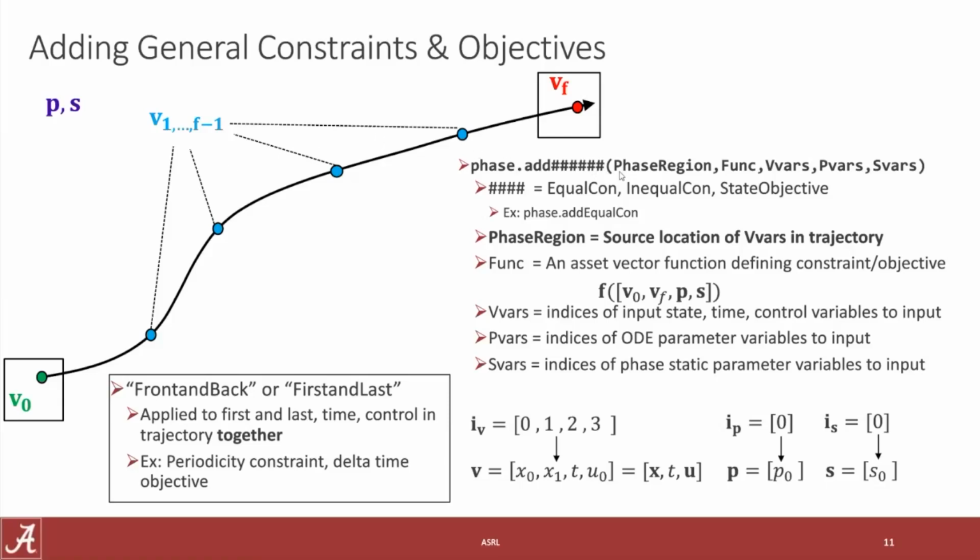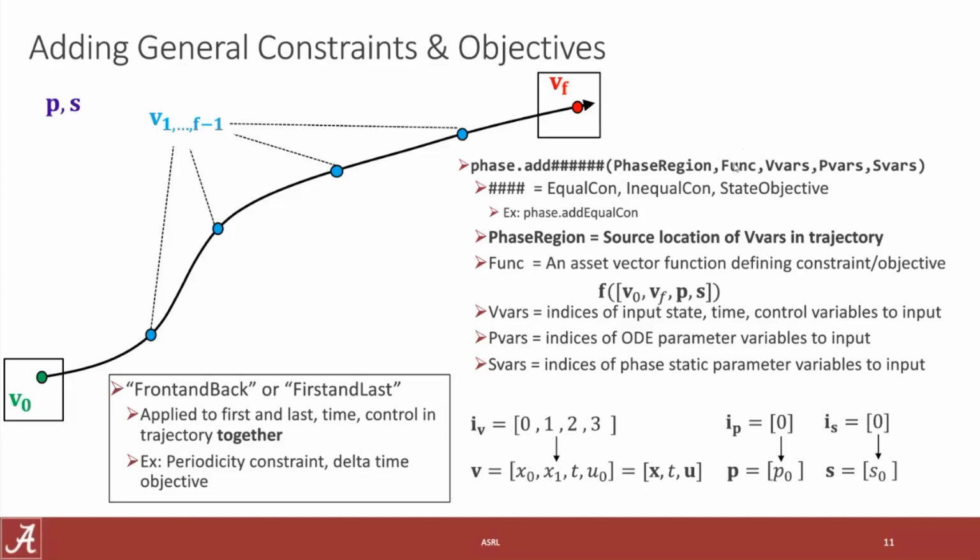One important reminder with that, for this methodology or syntax of doing add equal con, where you're passing in a vector function that is being constrained: when you do the front and back transcription method, recall whatever states you set. So say you do the three position components and 3 control variable components.